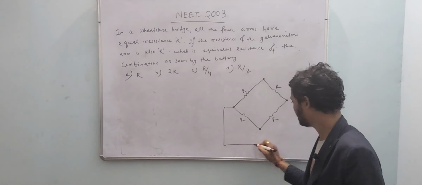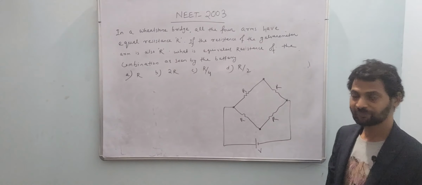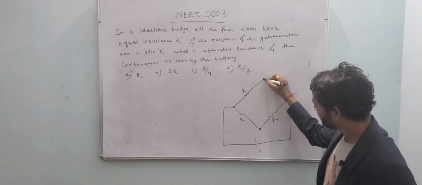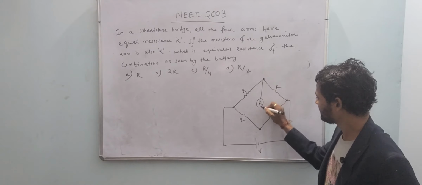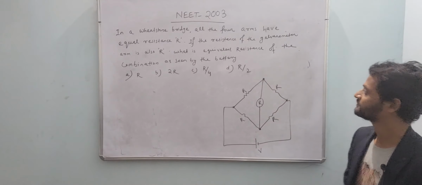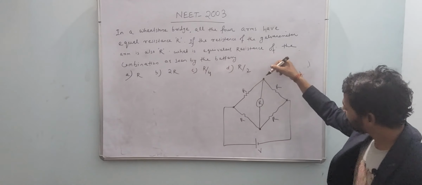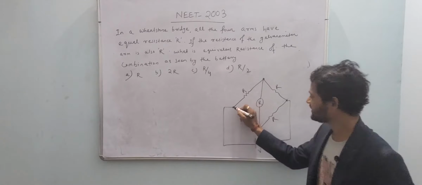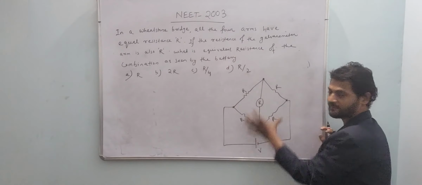In between 2 points, we connect a battery having potential difference V. Between the other 2 points, we connect a galvanometer having resistance R. As per the question, the galvanometer resistance is also R. Then what is the equivalent resistance seen by the battery?